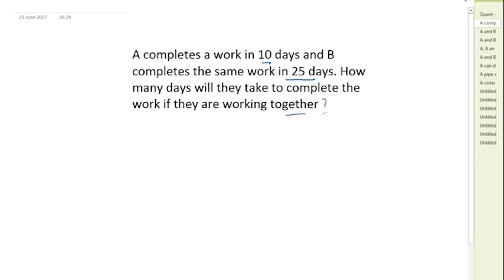This is a very basic question. A lot of people have done similar questions at junior, at high school level as well. The way it is taught in schools, and it's a proper method, is that if A takes 10 days, then A's 1 day work is equal to 1 by 10. And if B takes 25 days, then B's 1 day work is 1 by 25.